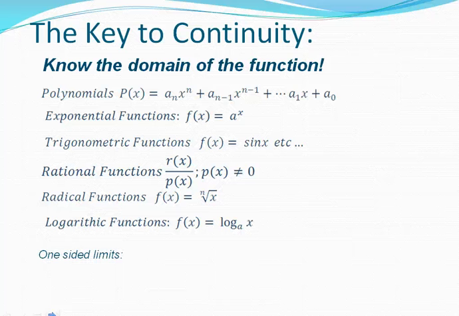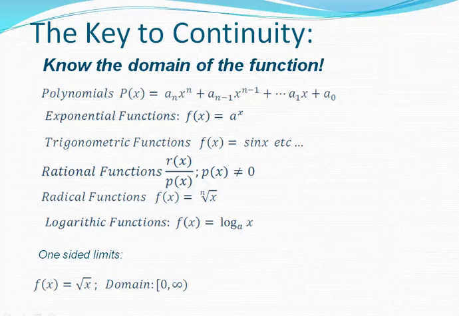So when we look at functions that have discontinuities, we don't want to just ignore them. We're going to look at them in the form of a one-sided limit. So let's take a look at some of our domains. For example, if I have the function f of x equals root x, I get a domain of 0 to infinity.